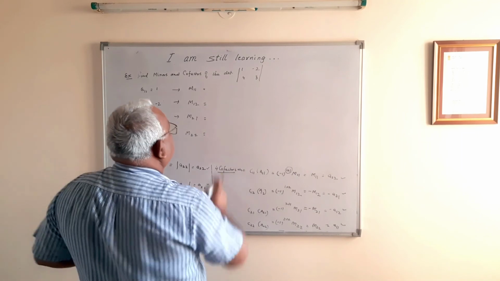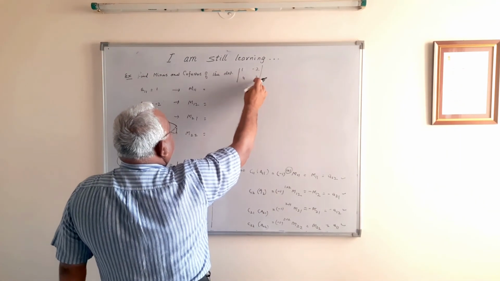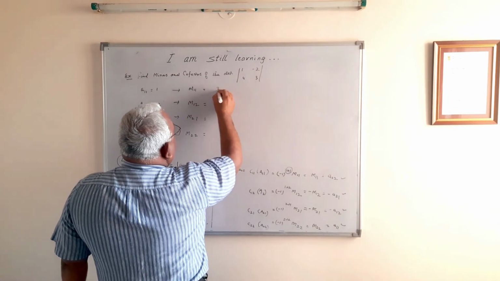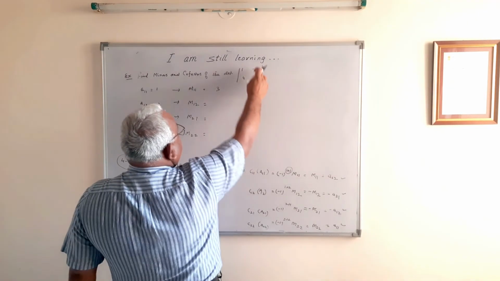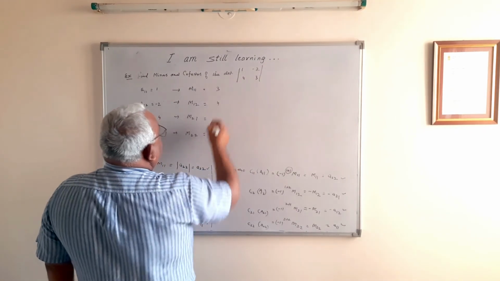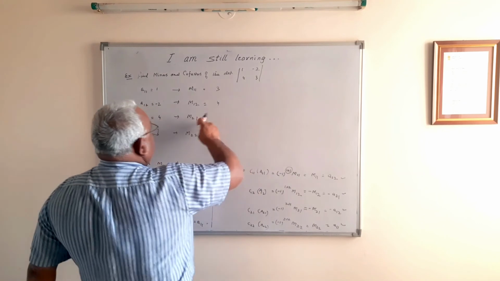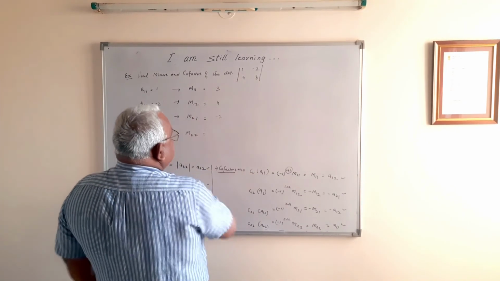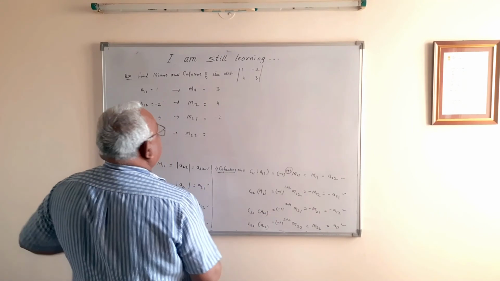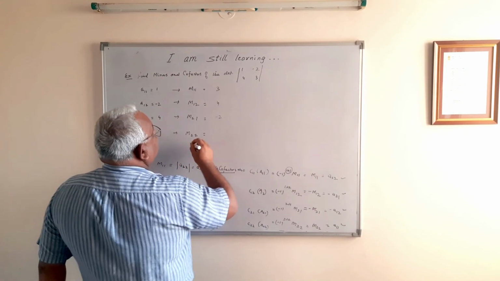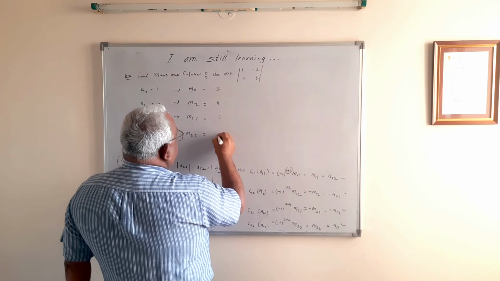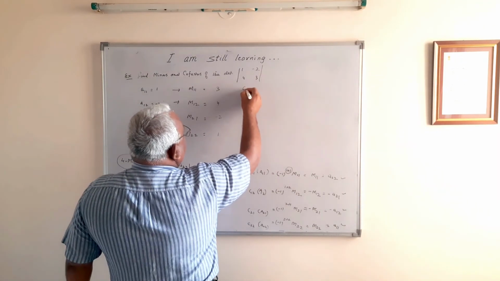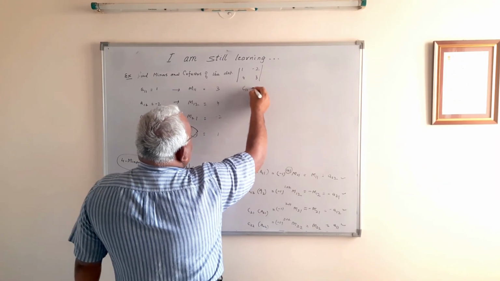What you will do is delete this row and this column, so you get 3. M11 is 3. Then the second is 4. Third is 8. M21 is this -2. And I'll check with what I explained here. M22 is 1.